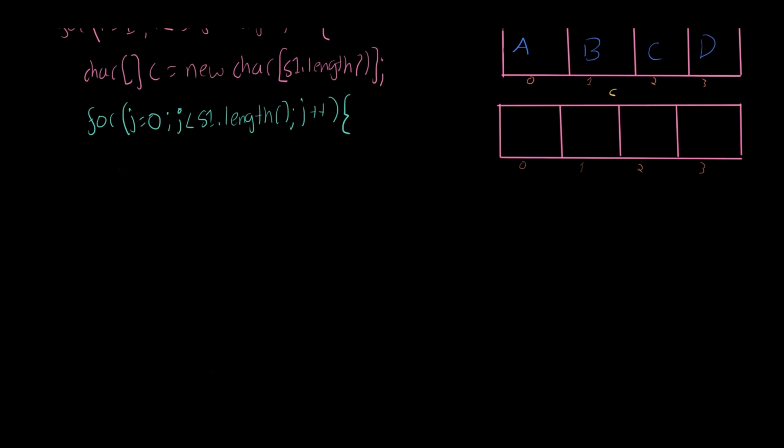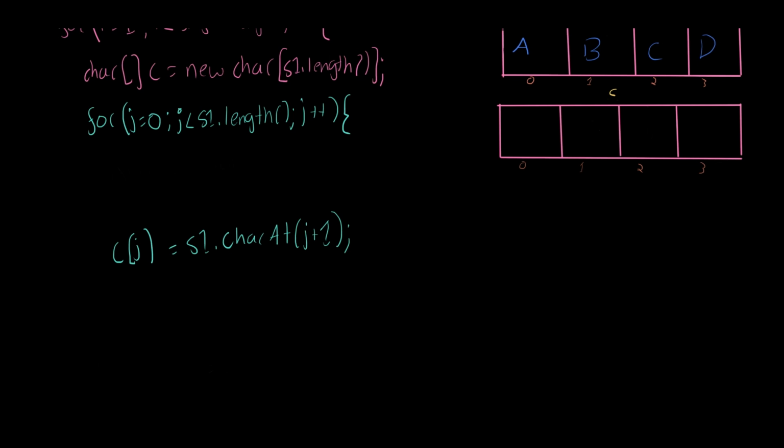Now, what's happening inside this for loop, every time this loop runs, is a statement saying: look at the jth index of c and give it the value of the character at the j plus 1 index of S1. So c at j gets the value of S1.charAt(j plus 1).